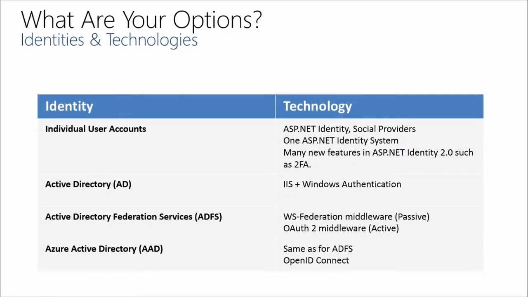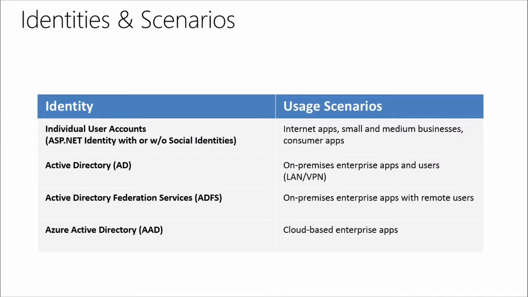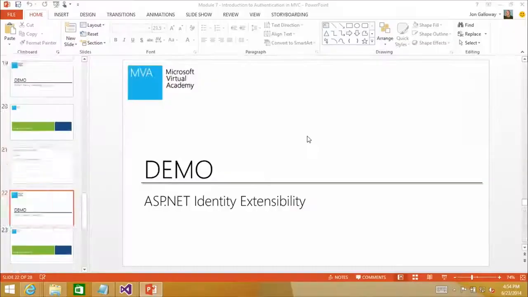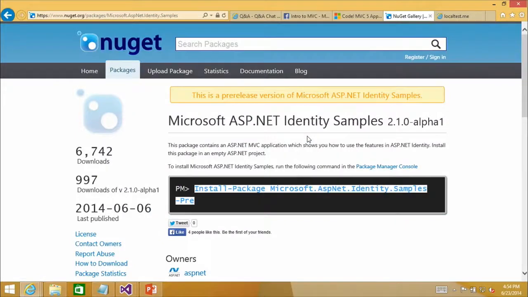Exactly. So Active Directory, of course, is supported using IIS, and then ADFS and Azure Active Directory, again by pointing them at the right endpoints. So that's that. What I will do is point you again at ASP.NET/identity, and really that is the place to go for all this stuff.